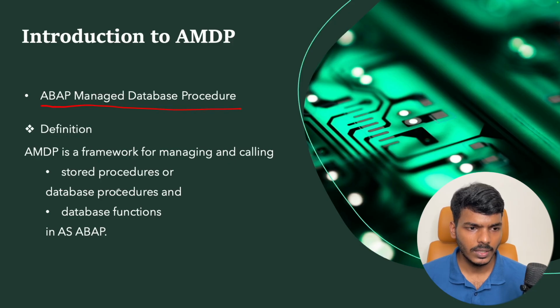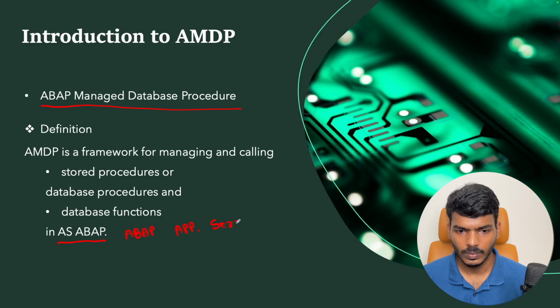Okay, let's see the definition. AMDP is a framework for managing and calling stored procedures or database procedures and database functions in ABAP. As ABAP means ABAP application server, here our ABAP code executes. Stored procedures and database procedures are the same thing, just with two different names.